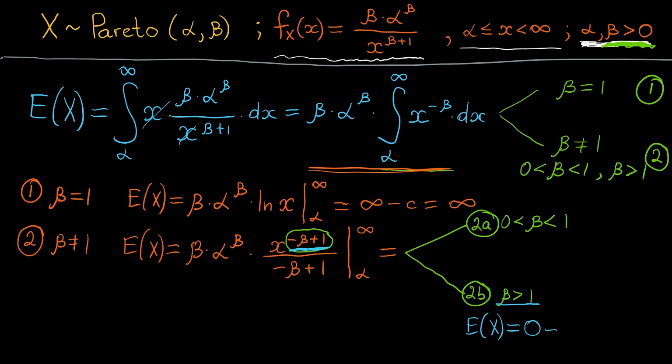And now as x takes on the value alpha, what is it that we get? Well, we'll just have to write it out. It's beta times alpha to the power of beta times alpha to the power of, and I'll write it as 1 minus beta over 1 minus beta. Okay, ran out of space, so I'm just going to write it over here.